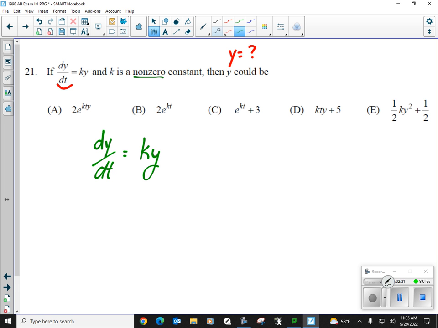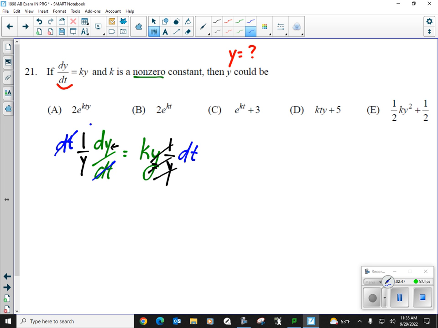I'm going to get my y's and my dy's alone on one side. So I'm going to multiply this by 1 over y, and these go bye-bye together. I multiply this side by 1 over y. I need to get my dt on the other side with the constant. So I'm going to multiply this by dt, multiply this side by dt.